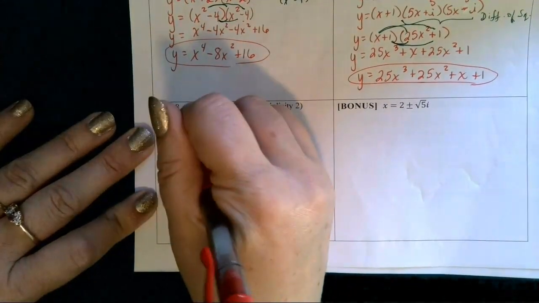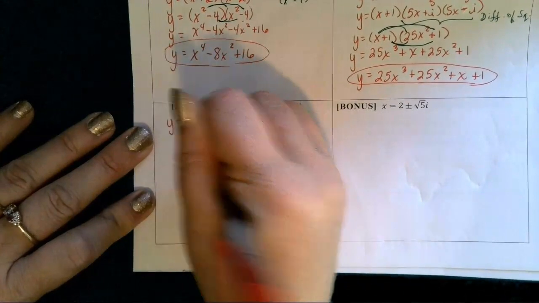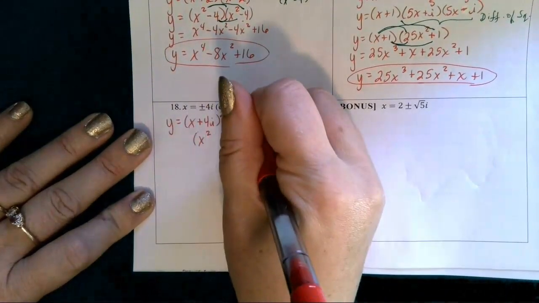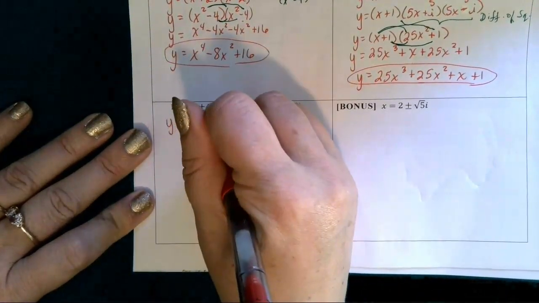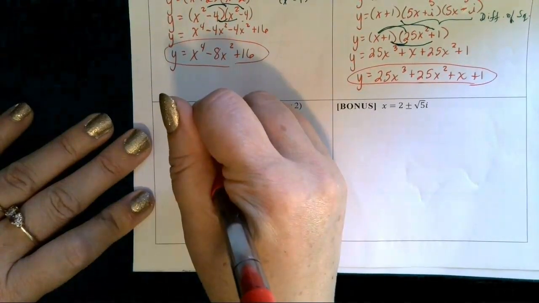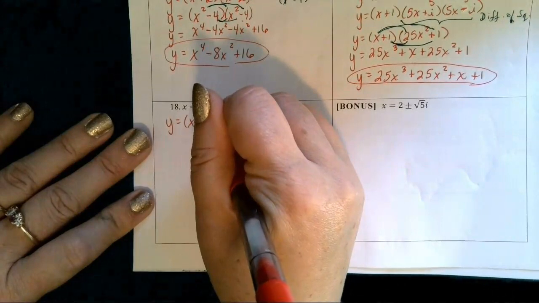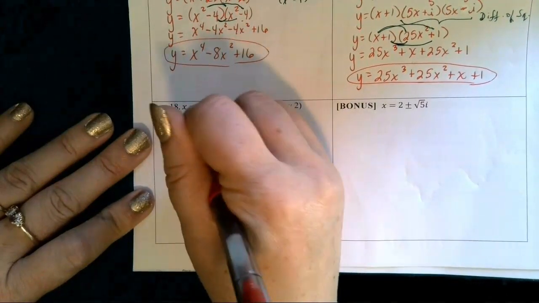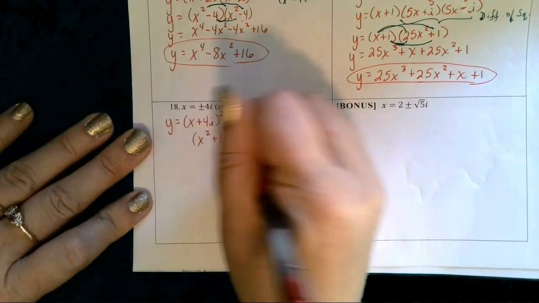And so we would square the first, that's an x squared, square the last is 16i squared, but i squared is -1, and so instead of x squared minus 16i squared, we have x squared plus 16.